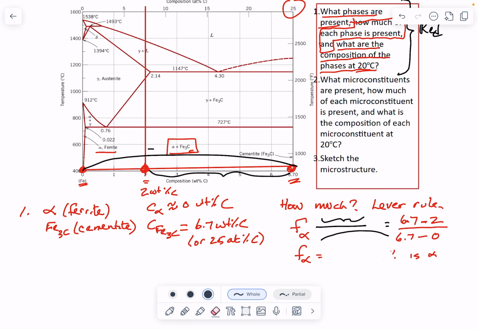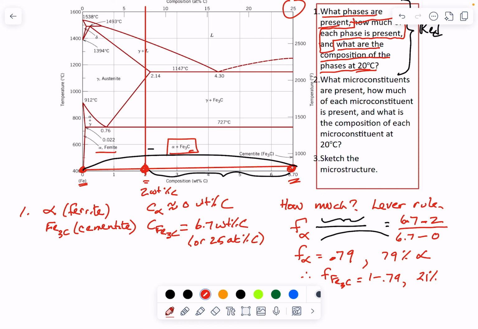This calculation gets us to 0.79, i.e. 79% is alpha, and therefore the fraction that is Fe3C is equal to 1 minus 0.79, or 21% Fe3C, or cementite. Okay, so that gets us through part 1 of the problem.